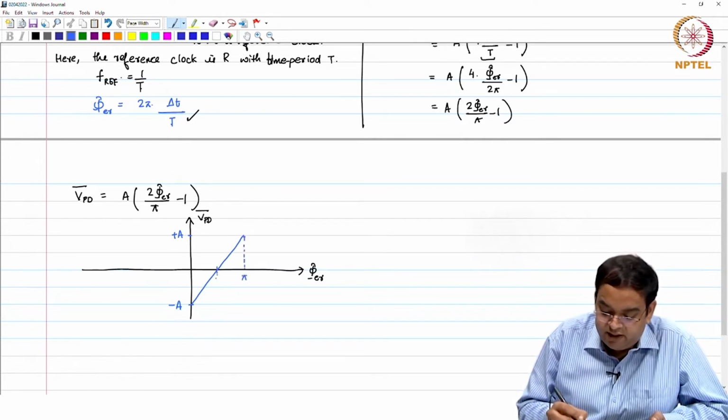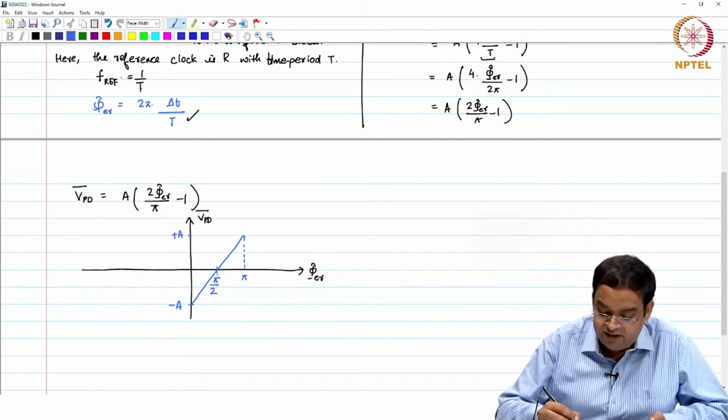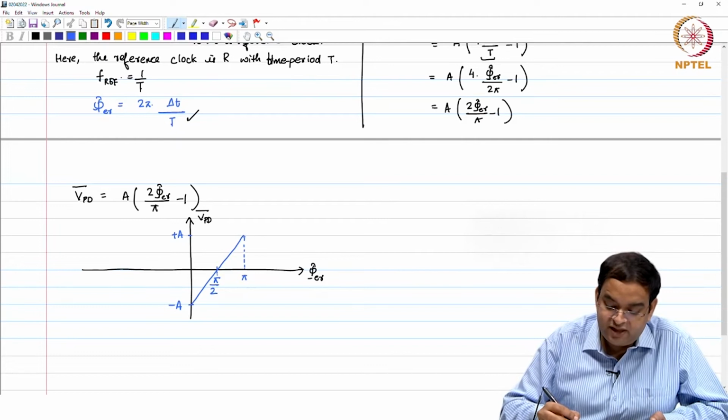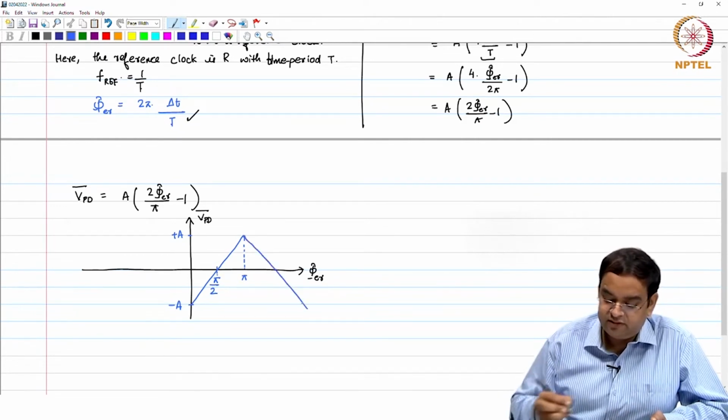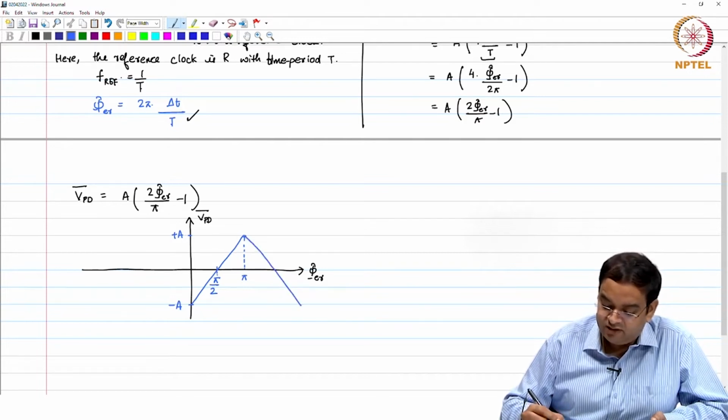This is pi and this is pi by 2. And as your phase error increases beyond pi, you will see it will go like this. Okay, sorry, it cannot exceed plus A, and this will continue.